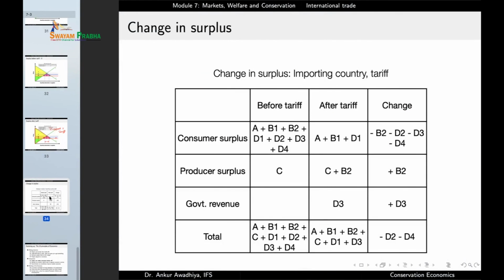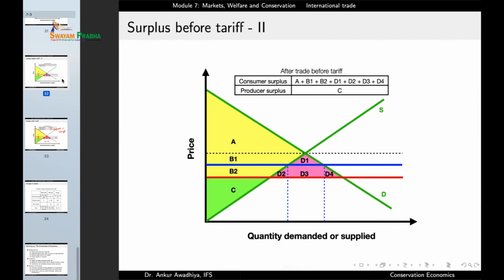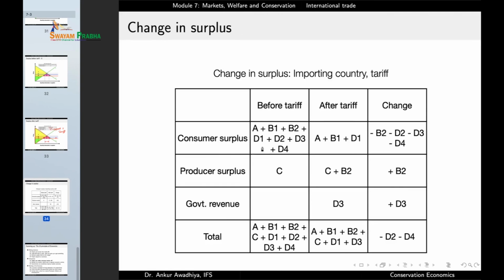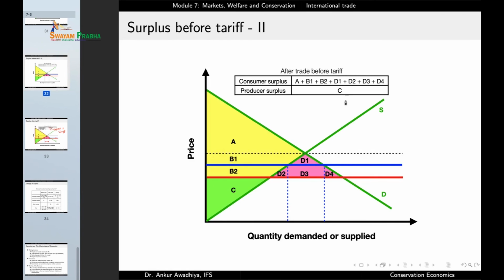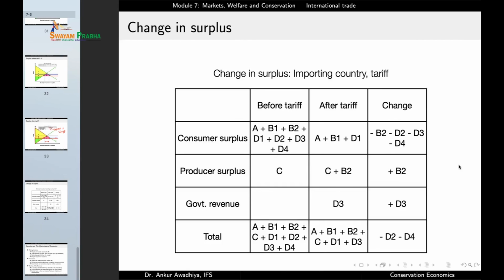Now if we put it in the form of a table, before the tariff, the consumer surplus was A, B1, B2, D1, D2, D3, and D4. That was the old consumer surplus. The old producer surplus was C, which is what we have written here, and the amount of government revenue was nil.